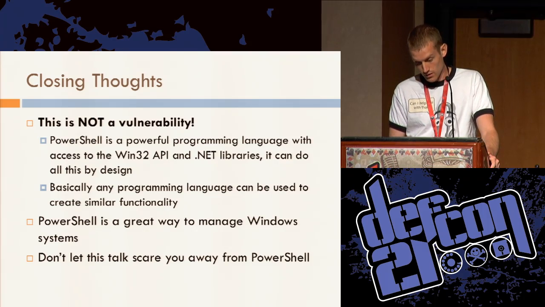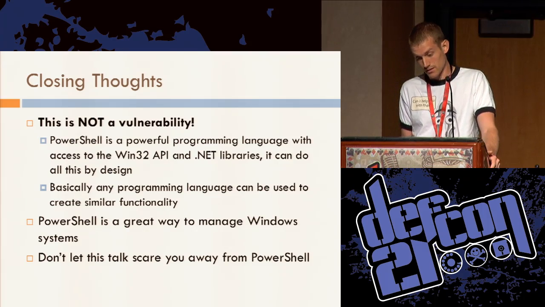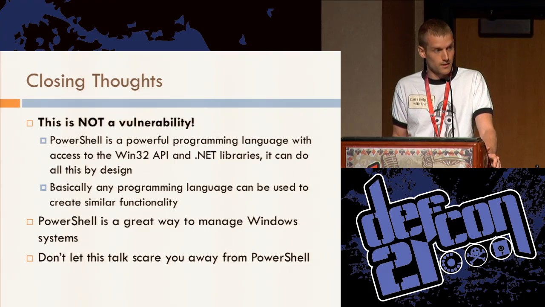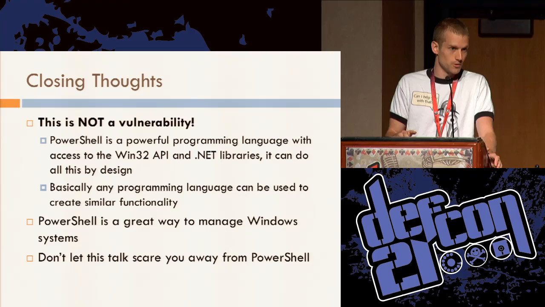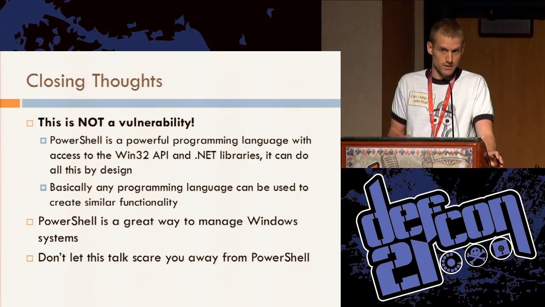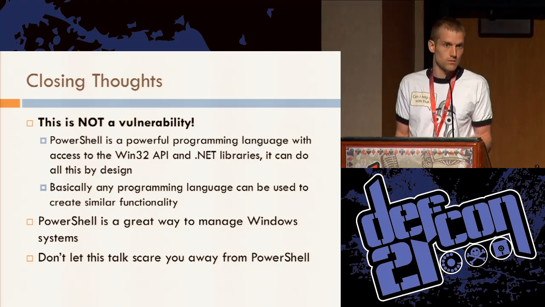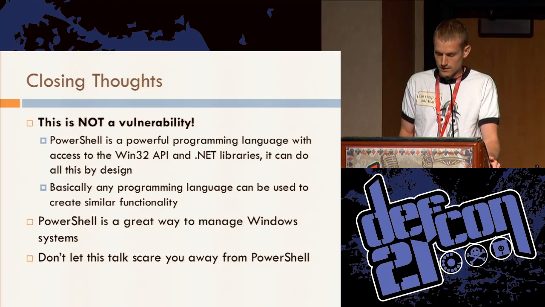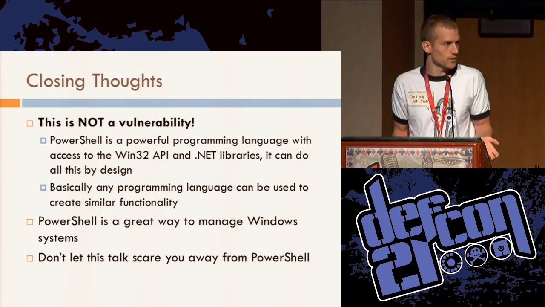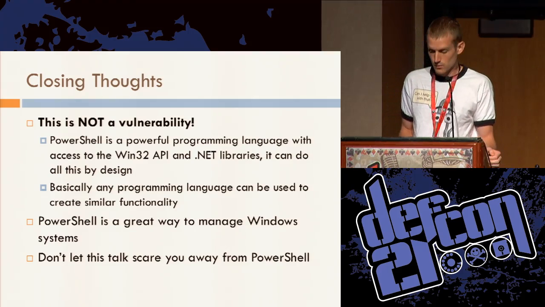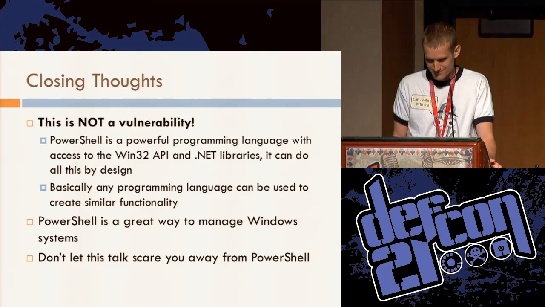I think PowerShell is a great way to manage Windows systems, so I hope this talk doesn't scare you away from PowerShell altogether, but I hope that it does encourage you to treat PowerShell sensitively and make sure that you configure it correctly, don't expose PowerShell to all the servers in your environment, and hopefully it also gives you awesome ideas on how to attack Windows networks, because that's kind of why I'm here.